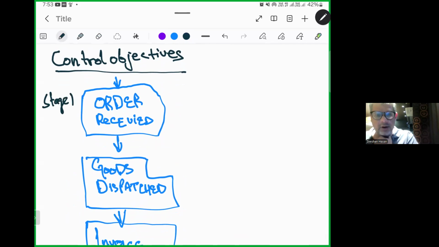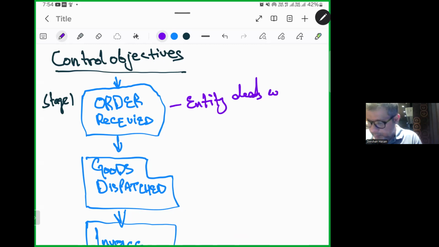Here the objective is to ensure that the entity deals only with credit-worthy customers.